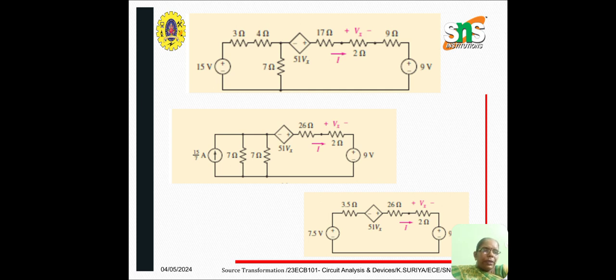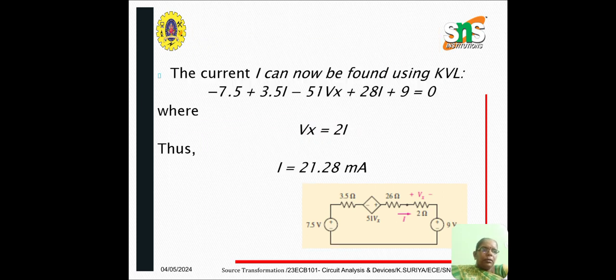So you can write the loop equation here: 7.5 volts minus 9 volts is equal to 3.5I minus 51 Vx plus 28I. 26 plus 2 is 28. So here Vx is equal to 2I as I said. So when you substitute it, you will be getting I is equal to 21.28 milliamps.